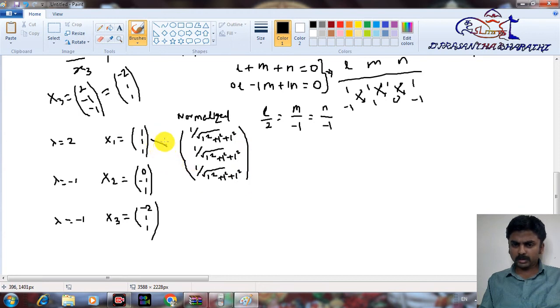For this x1, whereas for this x2 the normalized form is given by 0 divided by root of 0 square plus minus 1 the whole square plus 1 square.